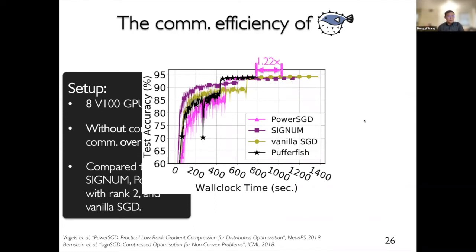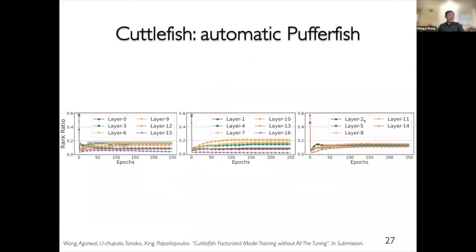One thing we can see in the previous work on factorization is that we have to detect the factorization ratio, the rank we want to use for each layer. So how can we make this automatic? It turns out we can use some metrics, say rank estimation of each matrix layer, using each layer's parameter weights to detect the rank we actually want to use in practice.